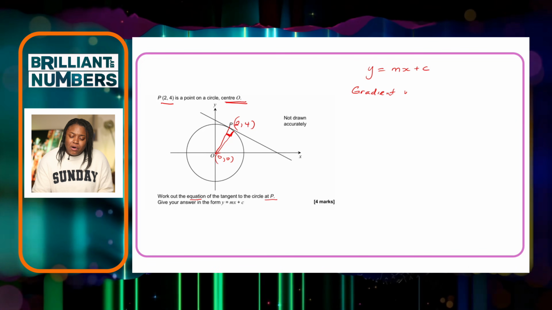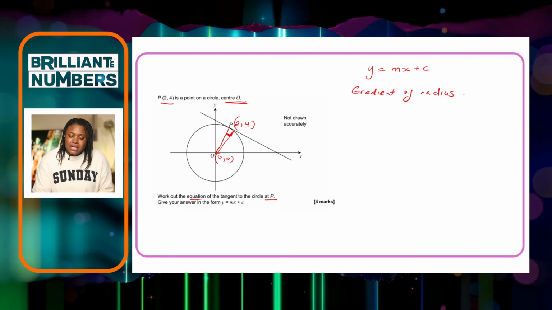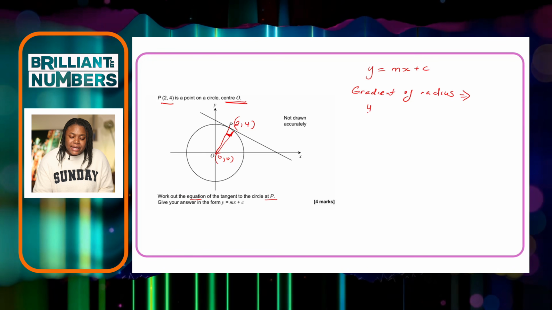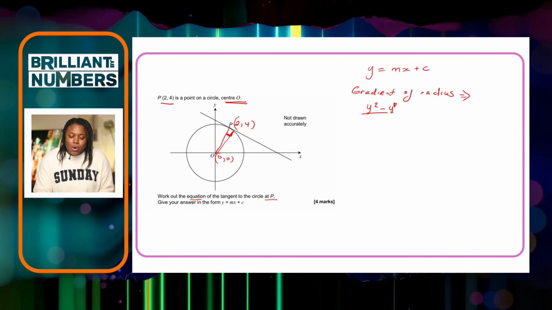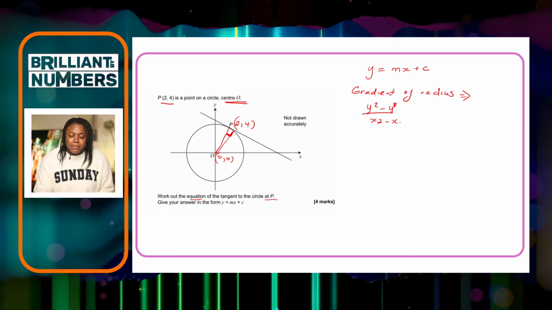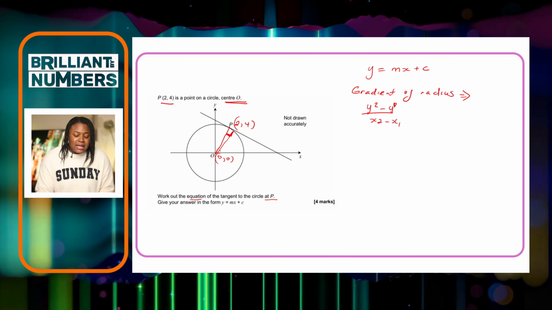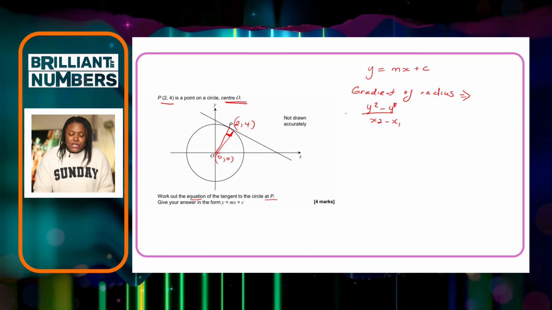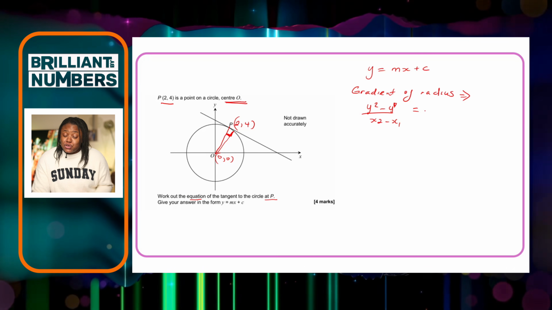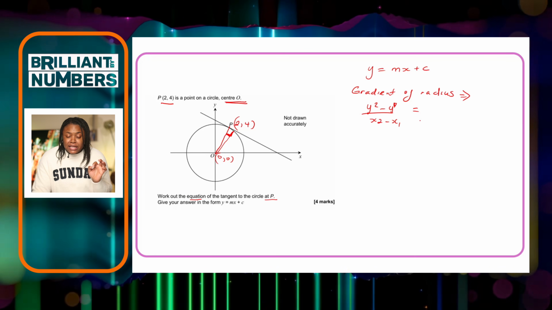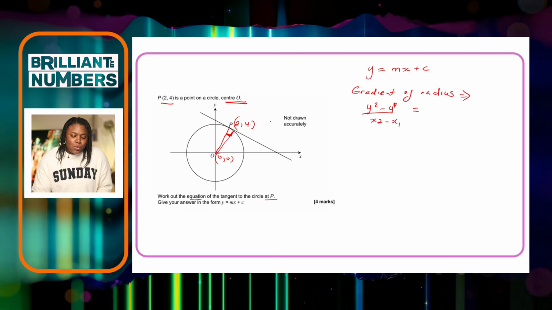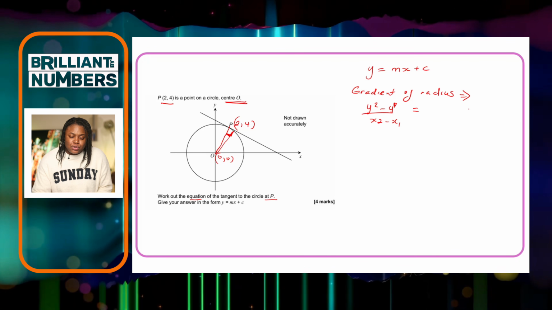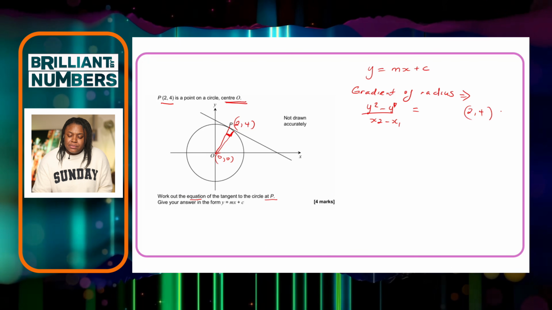Gradient of radius is equal to, we have 2 points, so y2 take away y1 over x2 take away x1. But guys, when the circle has a center of O, which is 0, 0, let me show you, and then I'll show you the shortcut once the center is 0, 0. So I'm going to put 2, 4 here and 0, 0.